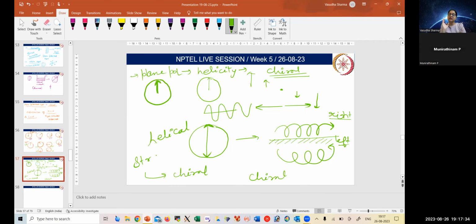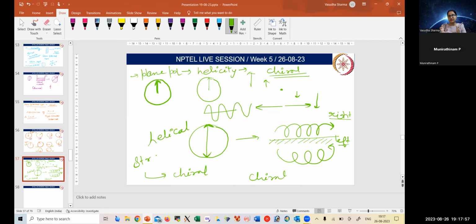So even though plane polarized light is monochromatic, that means it has one frequency. It is not a combination. White light has all the frequencies, but if I take 400 nanometer light, then 500, then 600, each of them would have only one frequency.